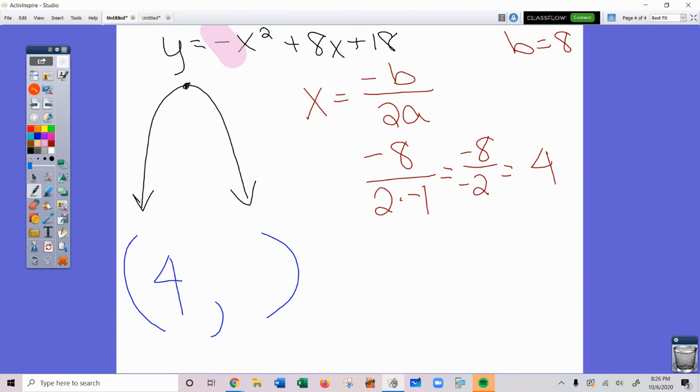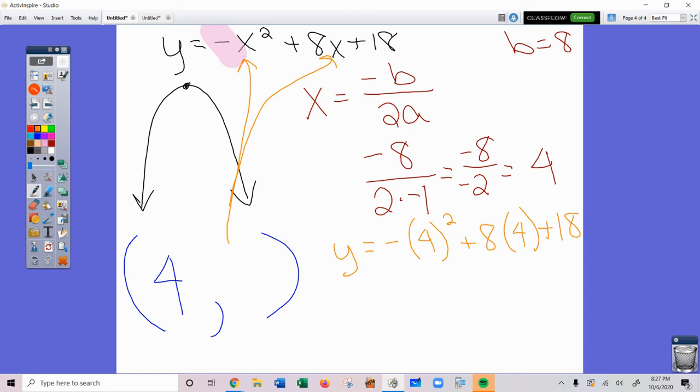What should we do with that 4 to calculate the y value? We're going to plug this in for x into the original problem. So every place we see x, it's getting replaced by 4. So we'll say y equals negative 4 squared. That negative does not go into the parentheses because it was part of the problem, not part of what I'm plugging in. Plus 8 times 4 plus 18.